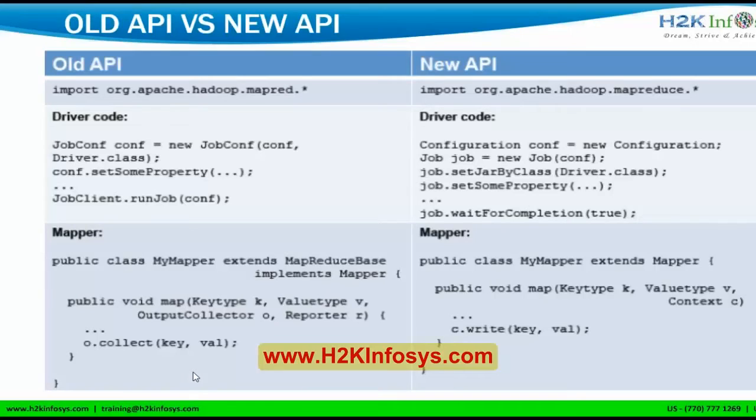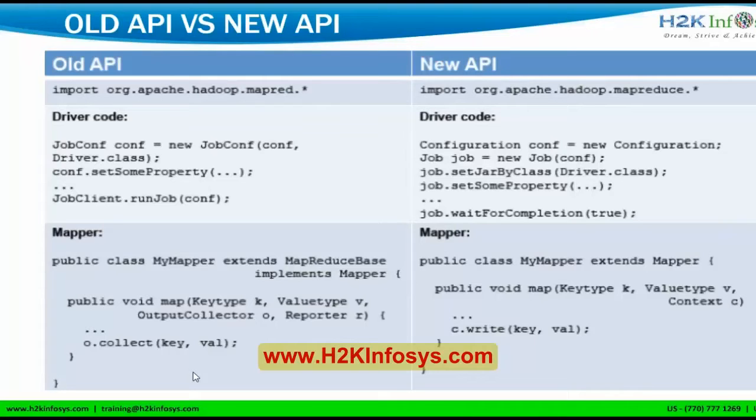So let's see a few differences between the old API and the new API. If you see the first one, the import statement itself changes between the old and new API. In the new API, I use hadoop.mapreduce.*, so all the packages and libraries related to MapReduce can be imported through hadoop.mapreduce, whereas in the old API I will use hadoop.mapred.